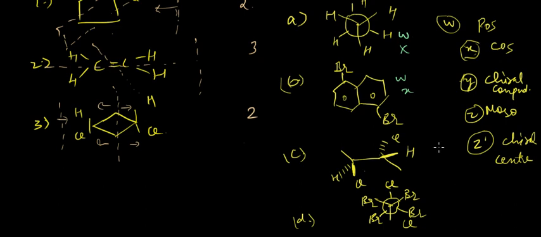For the third compound, it has COS. It has a chiral center as well, and indeed it is a chiral compound. For this one, it has COS. Why? Because you can see it is a staggered compound basically, so it would have COS.